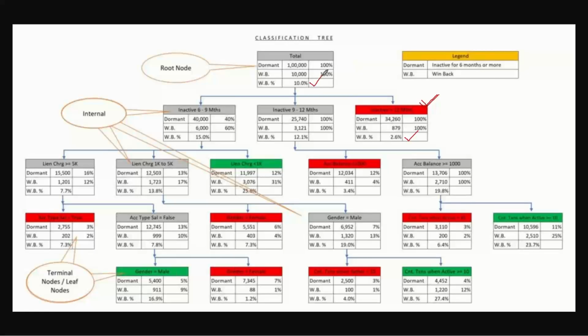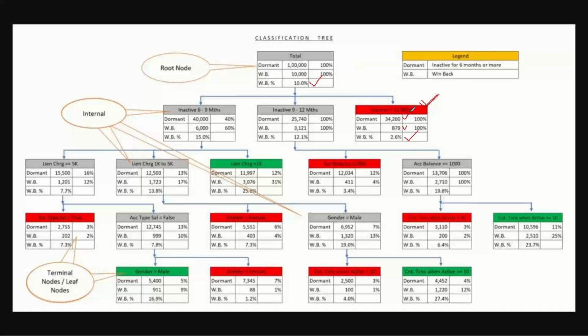Your chance of converting a customer who is inactive for more than 12 months is just 2.6. If the cost of targeting this segment is much higher than the revenue you are going to get from this conversion of 2.6%, if the revenue is too low compared to the cost of reaching out and targeting these 34,000 customers, there's no point campaigning.